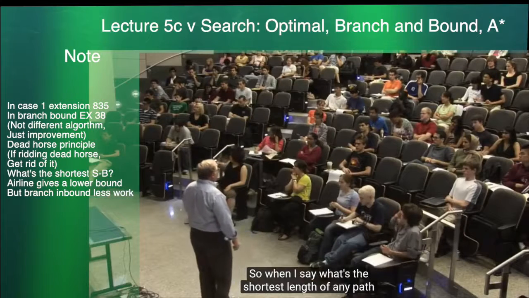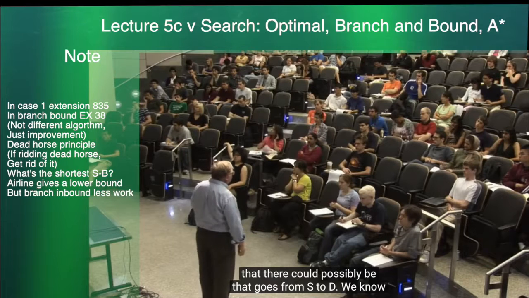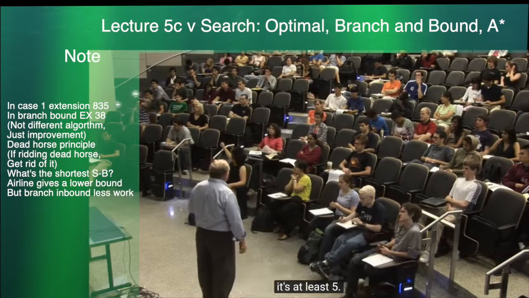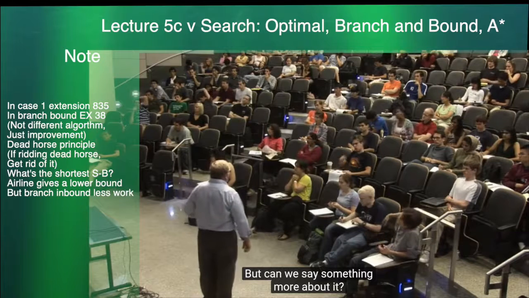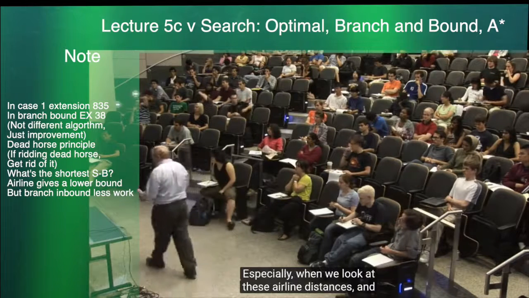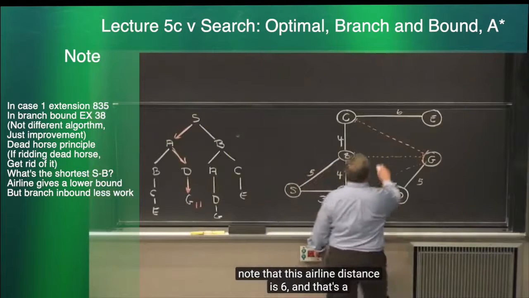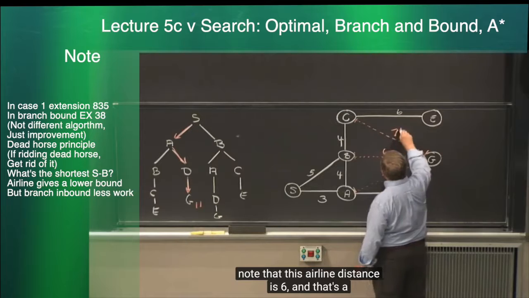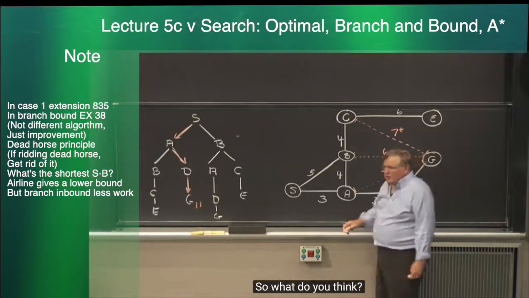So when I say what's the shortest length of any path that there could possibly be that goes from S to B, we know it's at least 5. But can we say something more about it? Especially when we look at these airline distances and note that this airline distance is 6, and that's a little more than 7, and that's a little more than 7. So what do you think?